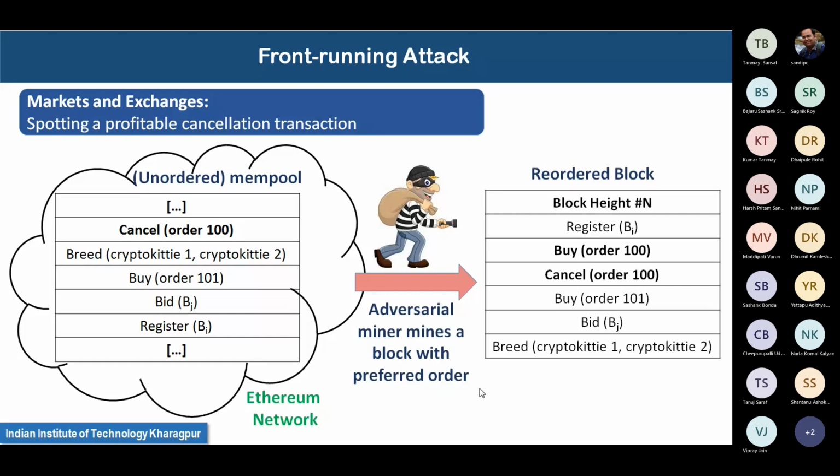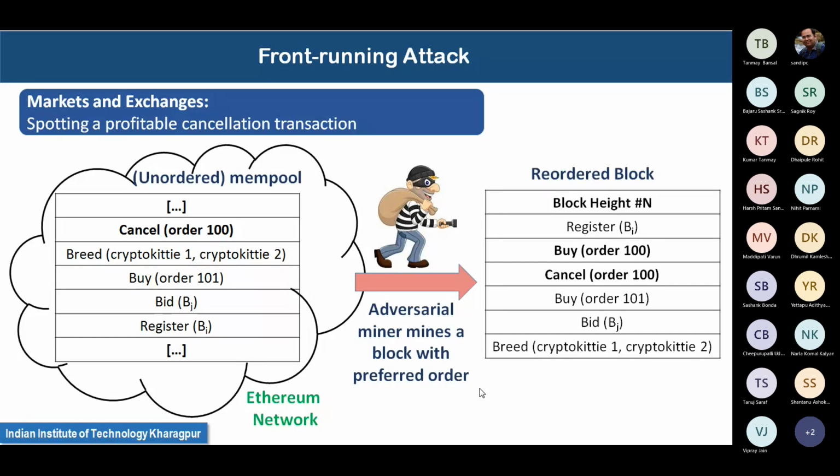Whatever Alice was trying to cancel, order 100, now this attacker is fulfilling that order by offering to buy this 100. After that, this cancel will not take place because this buy will front run it, and Alice's cancellation transaction will not succeed because that buy has already been done.